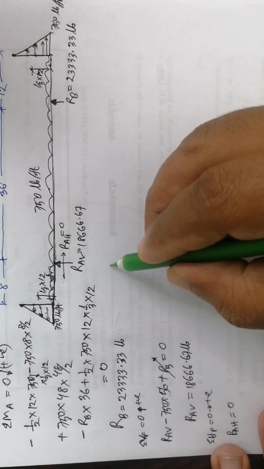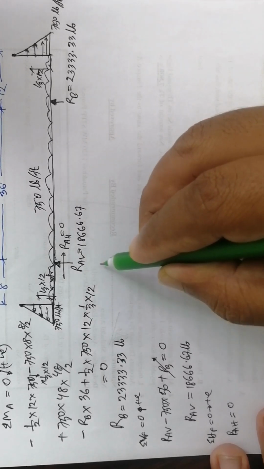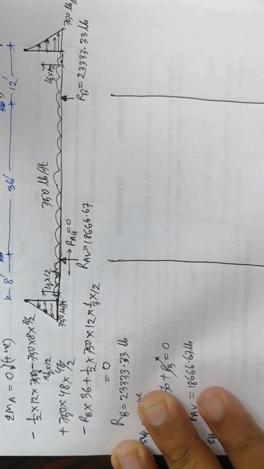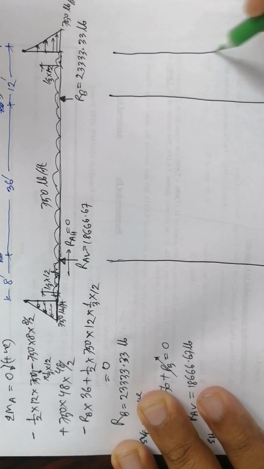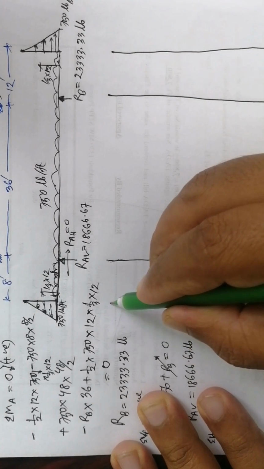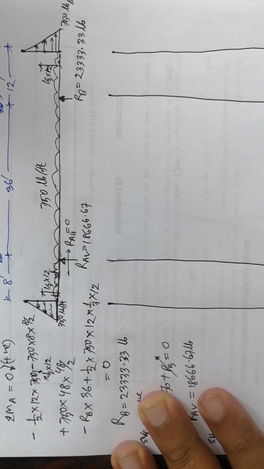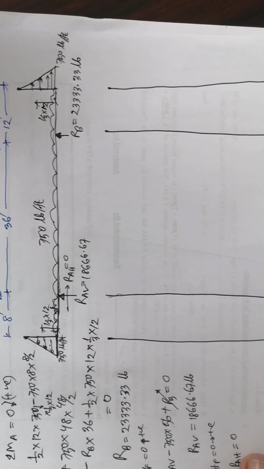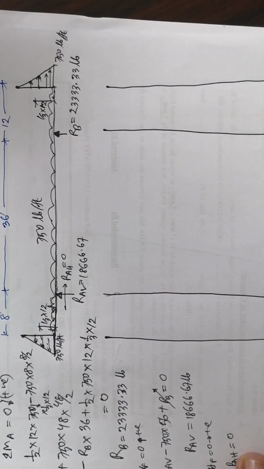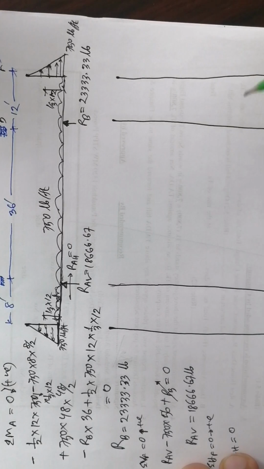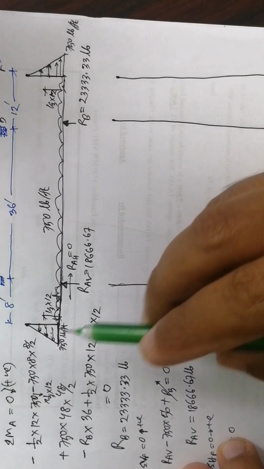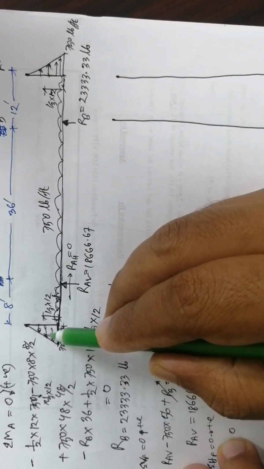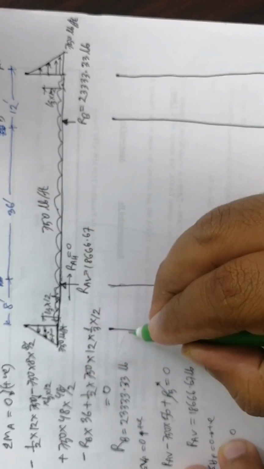Now we draw the shear force diagram. For the SFD there are three parts, this part, this part and this part. So first we calculate this part.